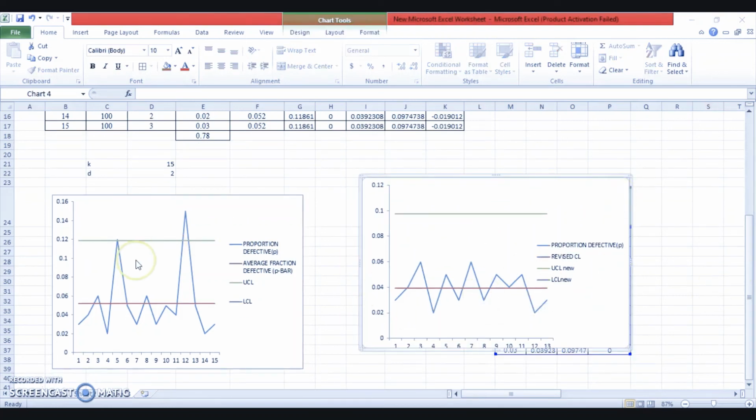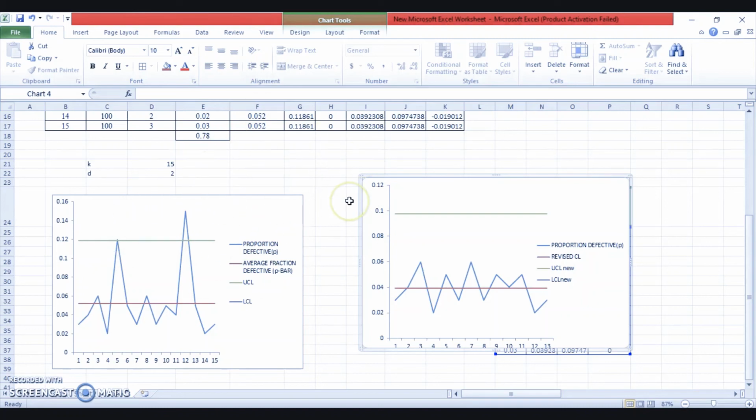So finally, with the help of these 2 charts in front of you, you can very well see that in the first chart there were 2 points which we called discarded sample points, which show that there were certain things in this process making it unstable, or some causes which created trouble.